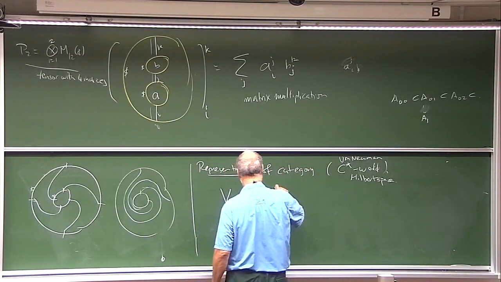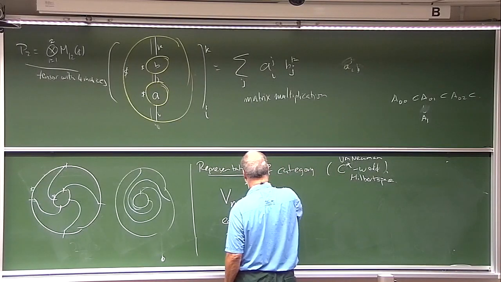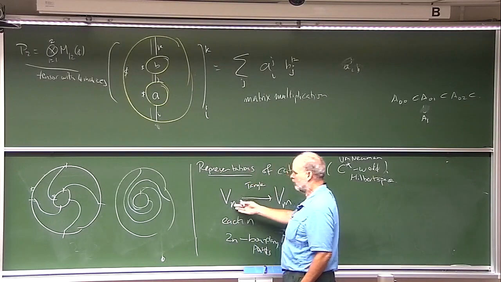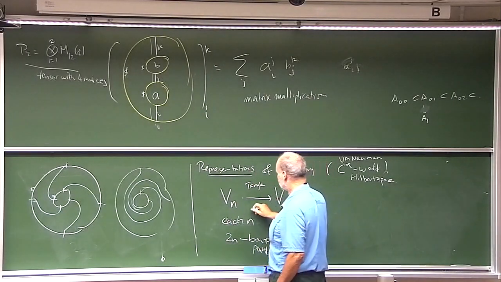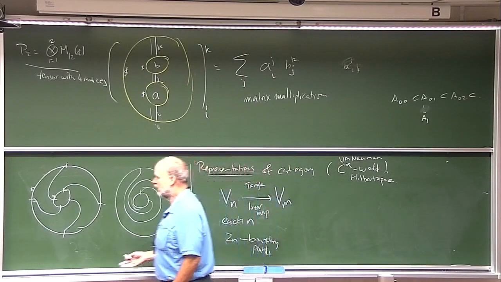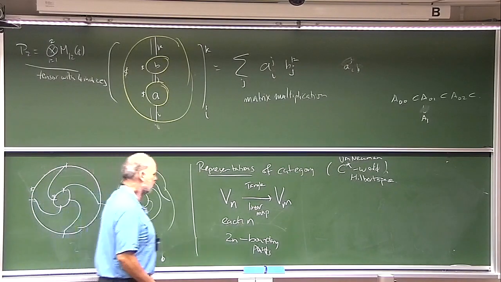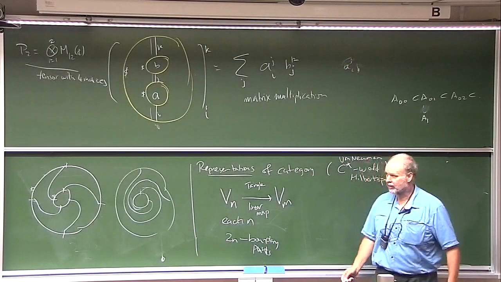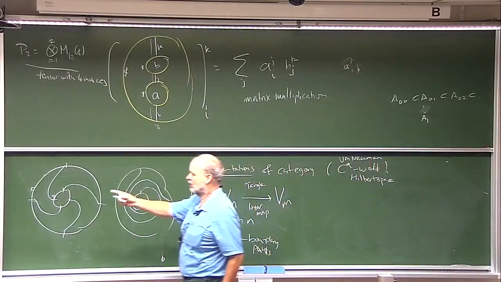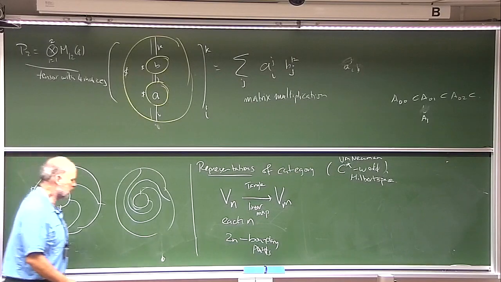And given Vn and Vm and the tangle, a morphism going from n to m, i.e. a tangle, there has to be a linear map. And these linear maps have to compose according to the composition of the annular tangles. That's the obvious notion of representation of a category, and you see that this factor delta just goes along for the ride because we're talking about vector spaces, so we don't really have to worry about it.